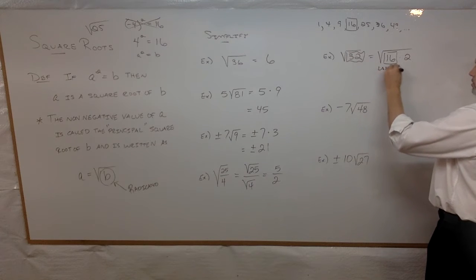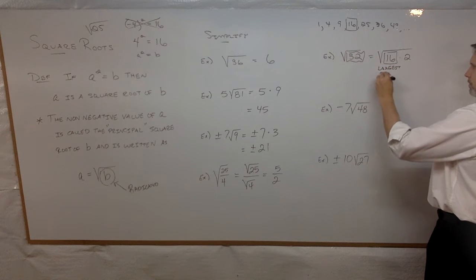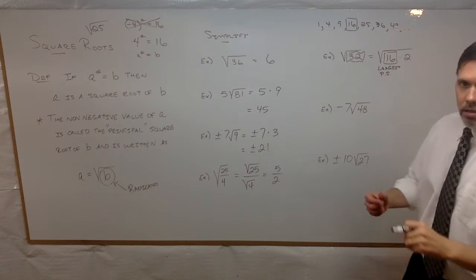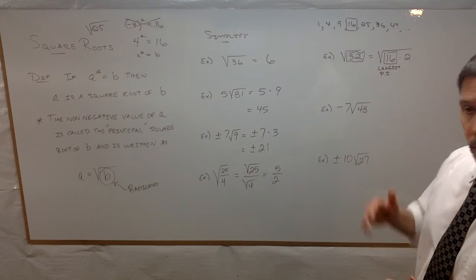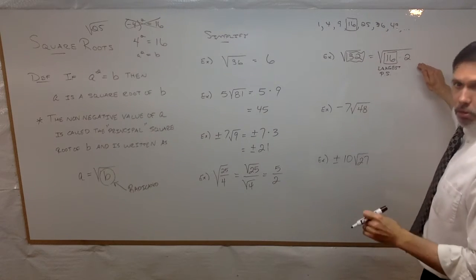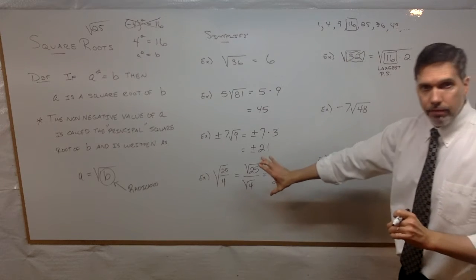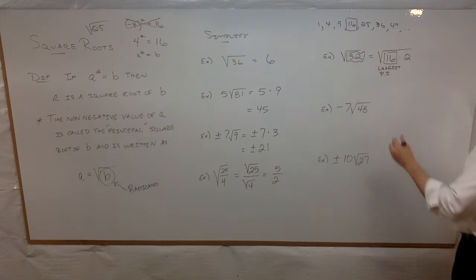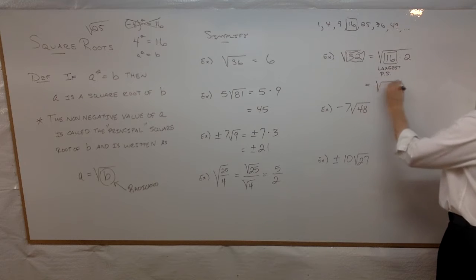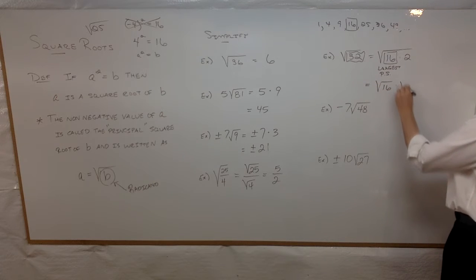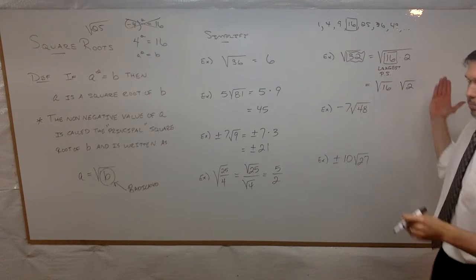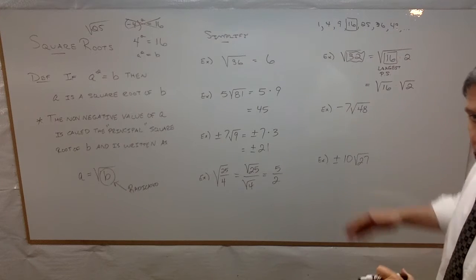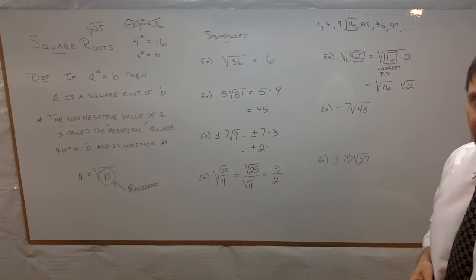So the largest perfect square for our radicand. Once you do that, we're going to use the multiplication rule. Just like we can split up division, numerator and denominator, we can split this up into the square root of 16 multiplied by the square root of 2. We split it up individually into the factors of our radicand.